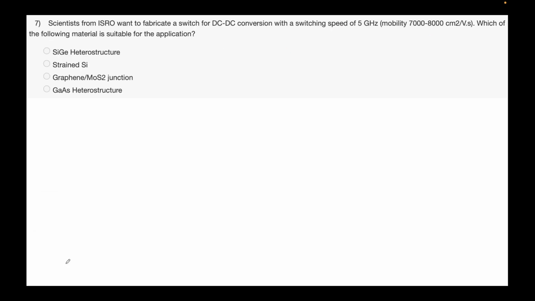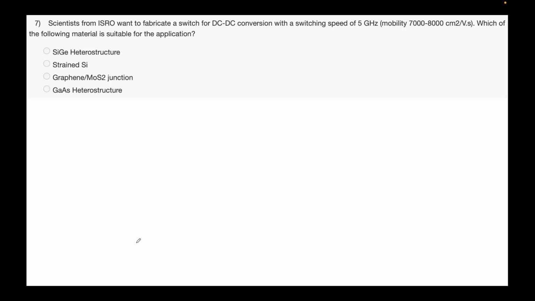Okay, so next, again, a requirement. These are some requirements that do come from industry or from the government sector. In this case, scientists from ISRO want to fabricate a switch for DC to DC conversion. This DC to DC conversion is something we typically encounter.